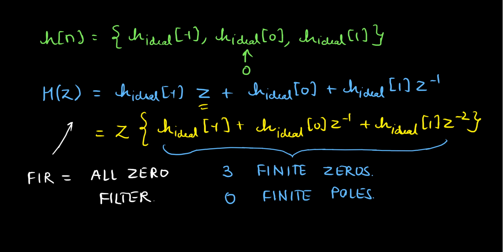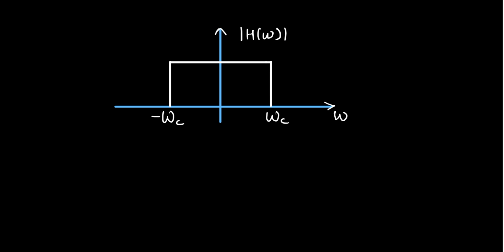So now we have a finite duration system or an FIR filter, and ideally what we require is a frequency response something like this. So this is nothing but the ideal or the expected magnitude response of the filter.